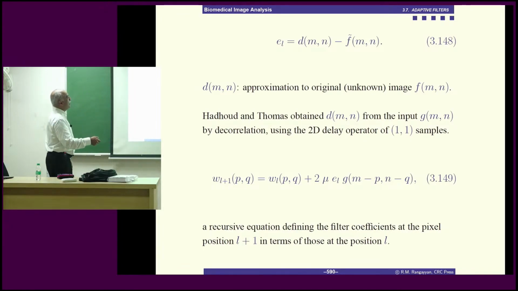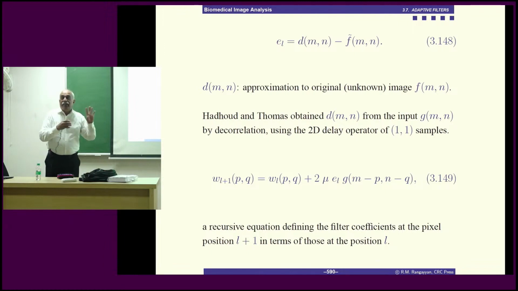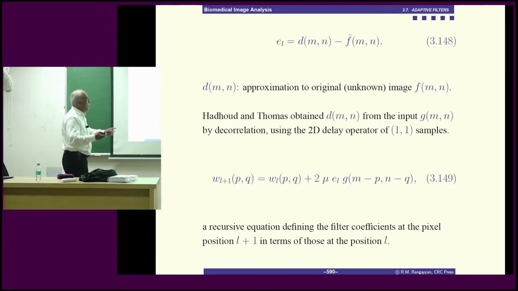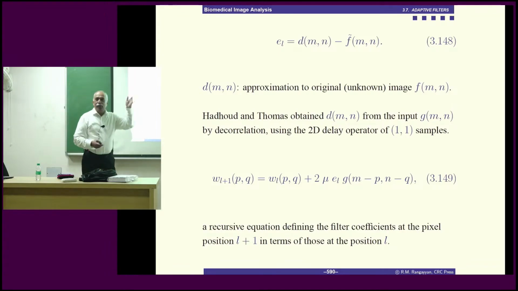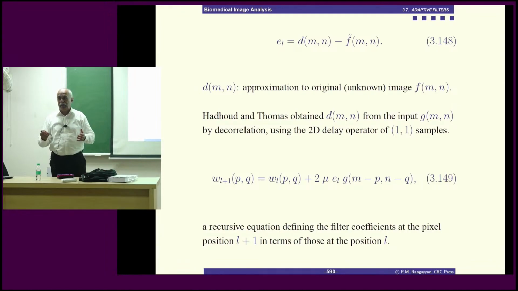And what is d(m,n)? You take the current g(m,n), the distorted image you have, with a delay of one sample, one sample before, previous row and previous column. Why? I don't know if that's a good approximation. That's one of the assumptions made, but that could be noisy too. How can that one sample before be a good estimate of the current pixel without noise and without distortion?